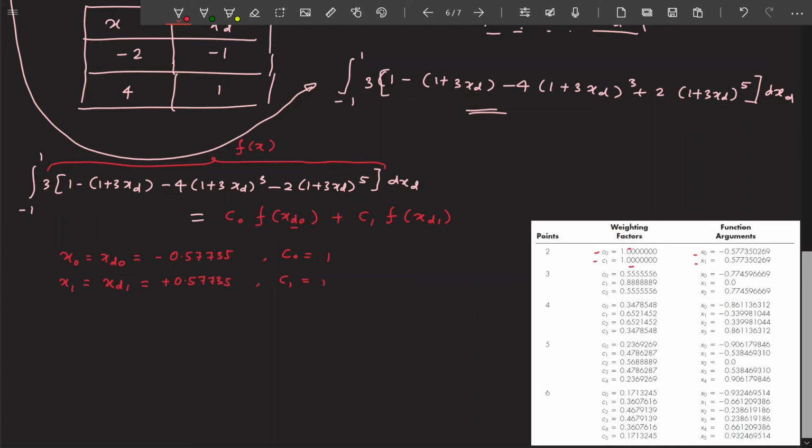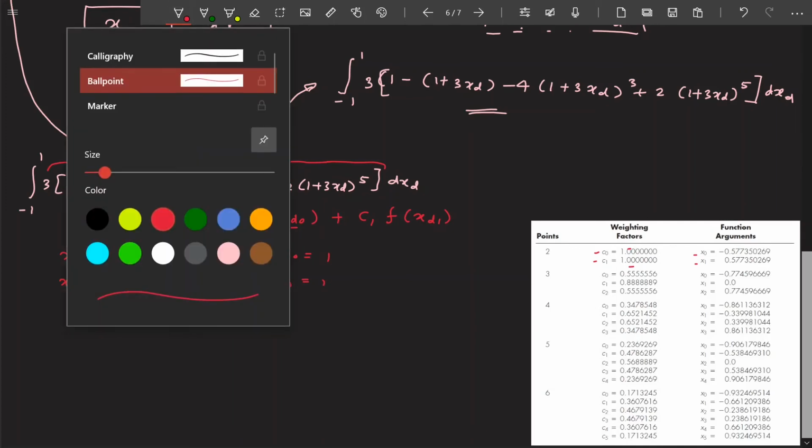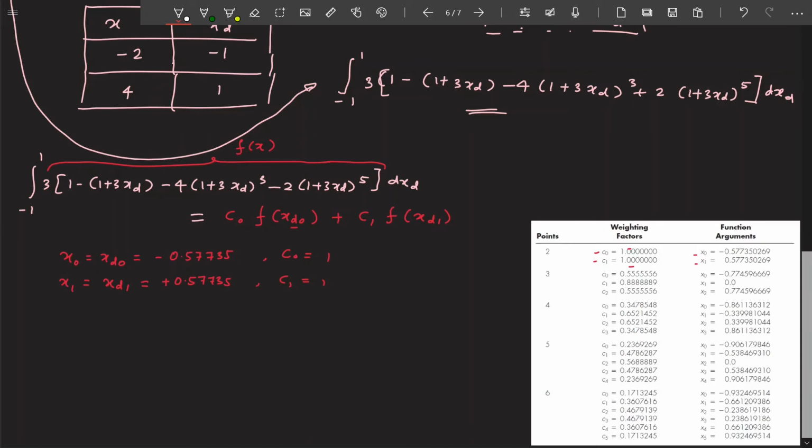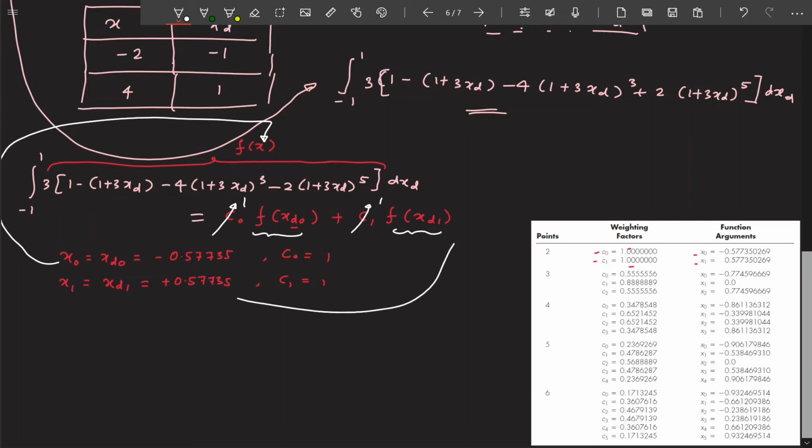So what we are going to do here is replace c0 by 1, c1 by 1. Now we have to calculate f(xd0) and f(xd1), and we get that by substituting this x0 in this equation and this x1 again in the same equation.